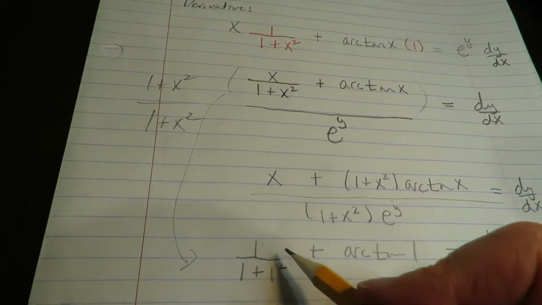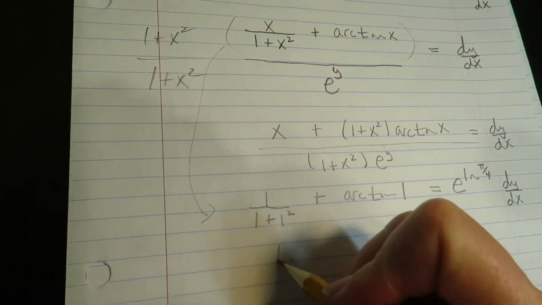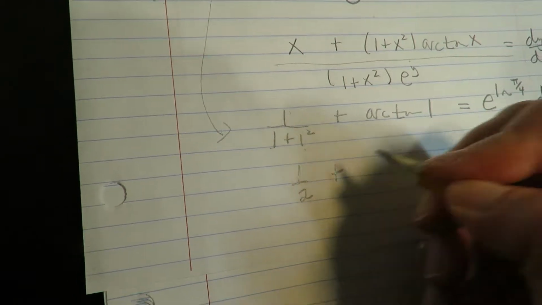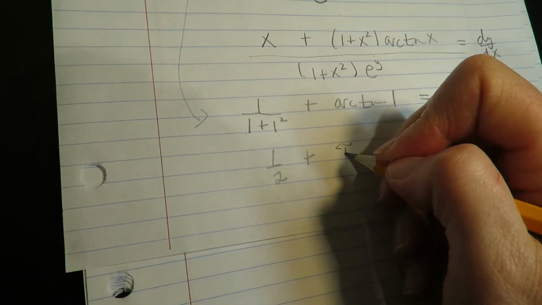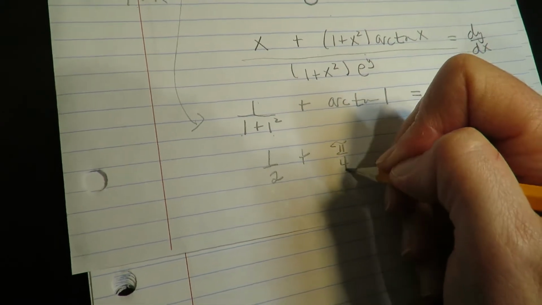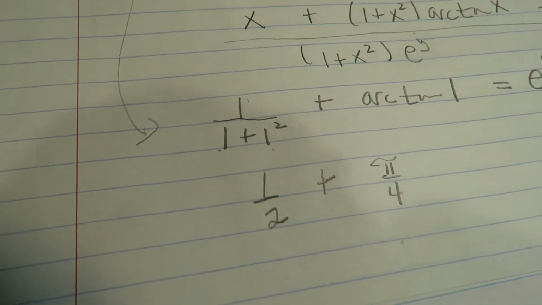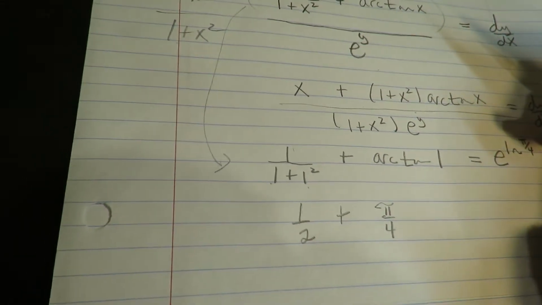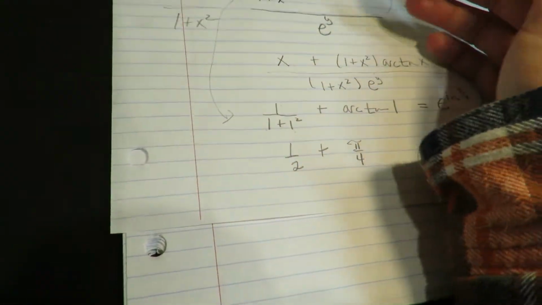So 1 squared is 1, so this is 1/2. Arctan of 1 is pi over 4. Some of you might be wondering where and when we learned that. Try to remember that arctan is the inverse of tan. It's a little easier for some of us to go in the opposite direction.